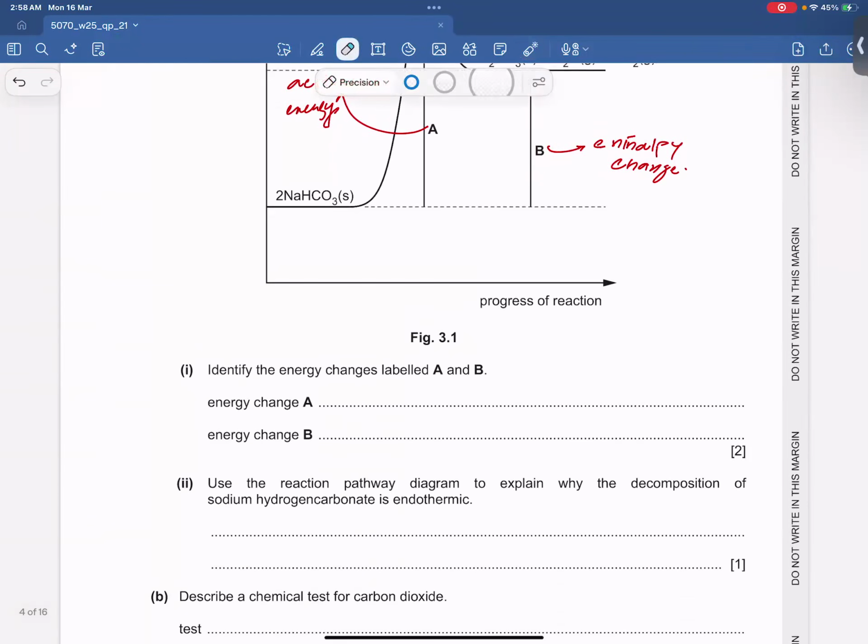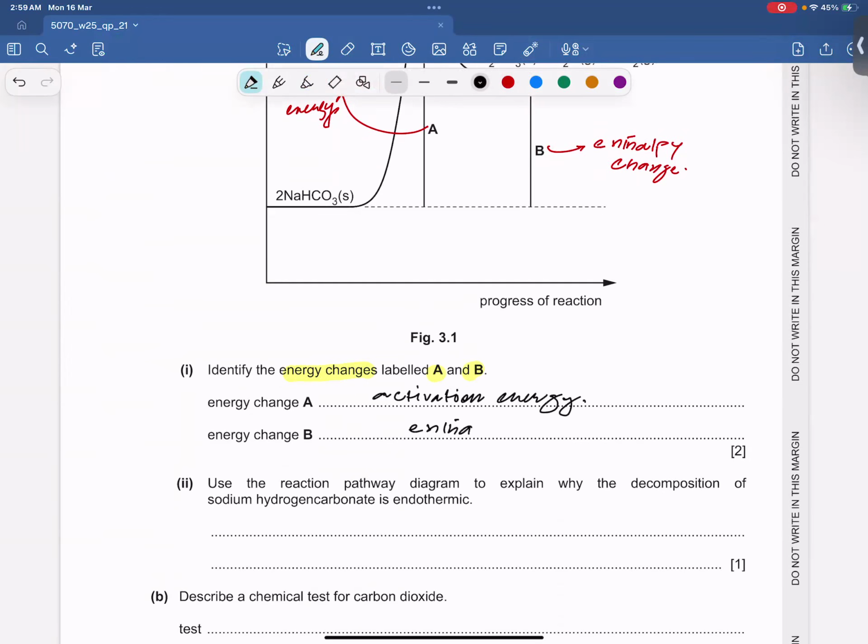Identify the energy changes labelled A and B. So label A is activation energy, and energy change B is enthalpy change. So for all endothermic reactions, enthalpy change has to be positive. All right.